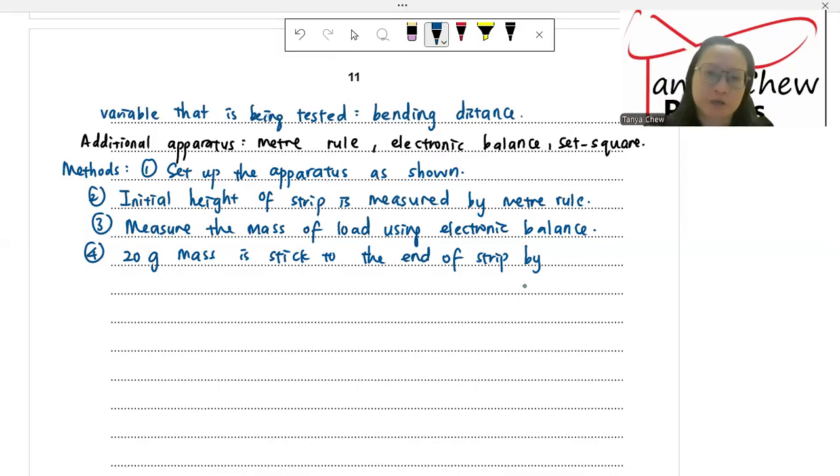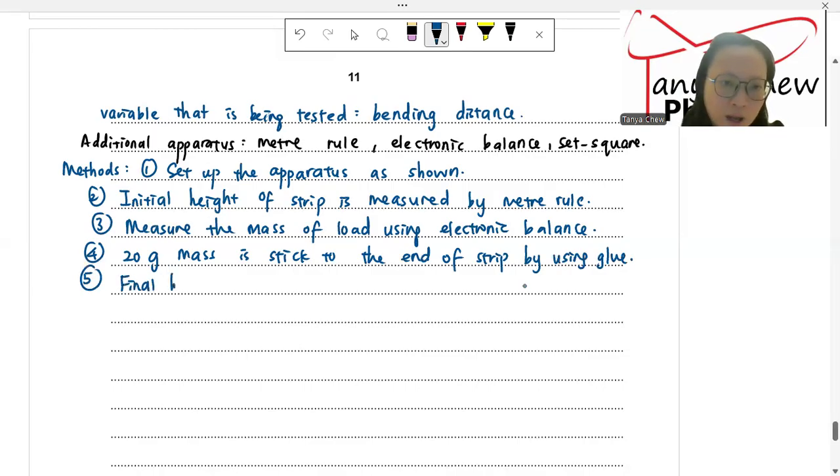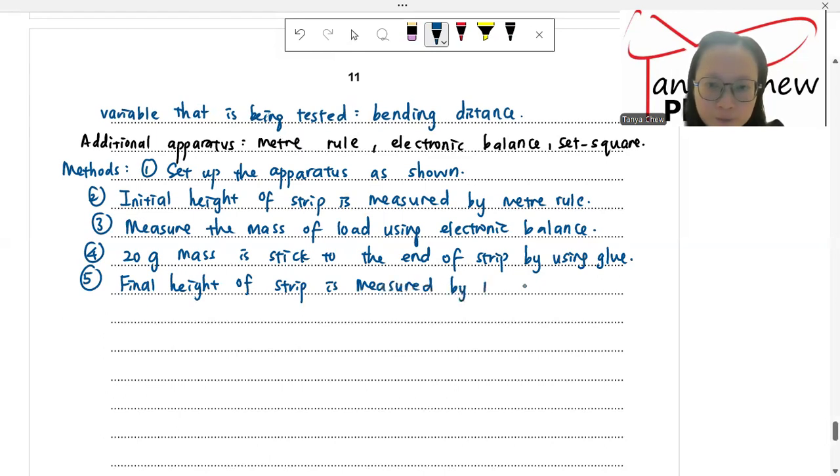So that is why I want to stick it by using glue. And then after that, final height of strip is measured by meter rule.